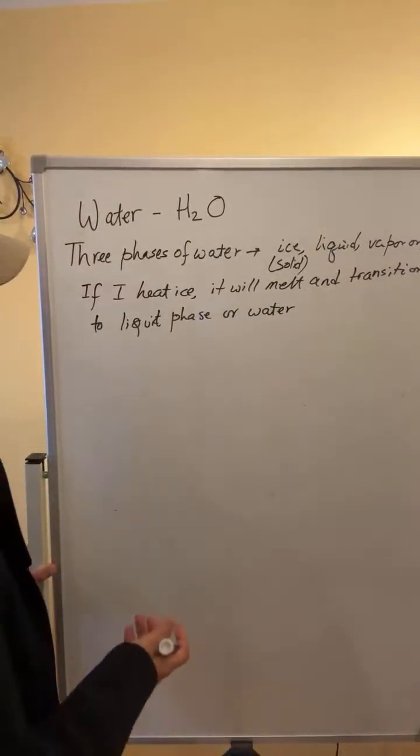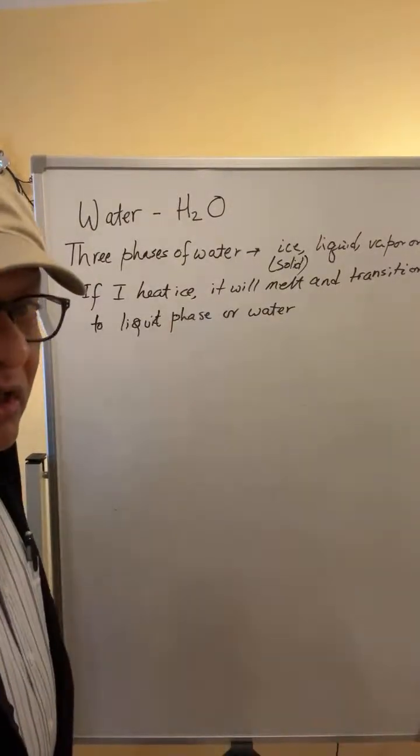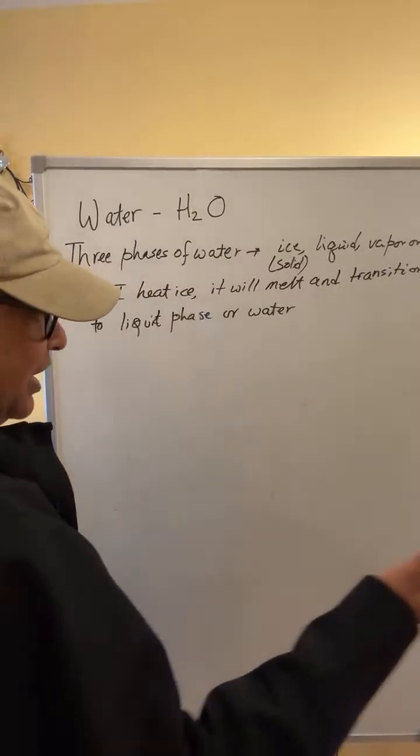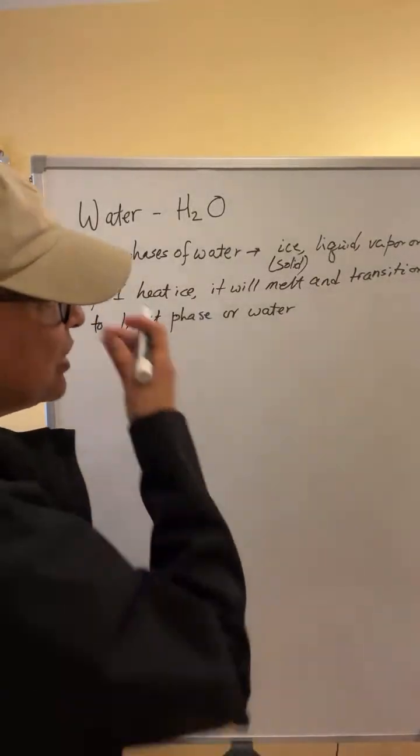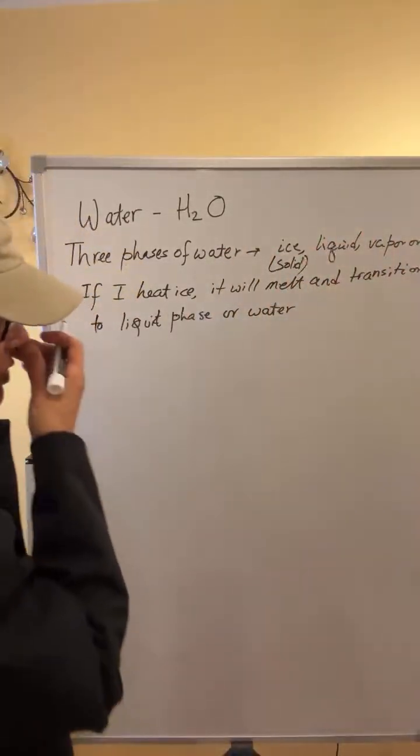If I heat up water, if I warm water in a saucepan, we all know the liquid water will escape as vapor, or water will transition into the gaseous phase.